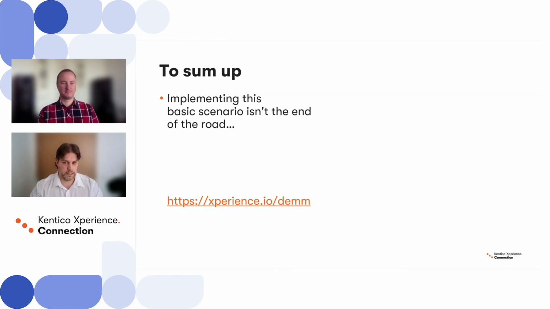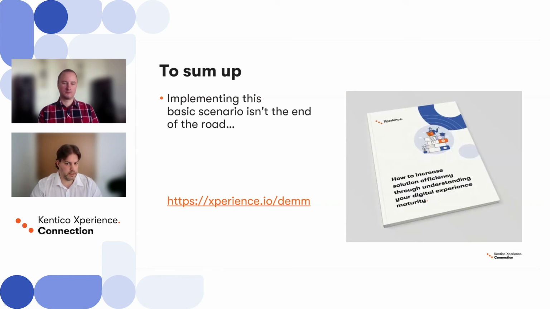But if you want to understand what level of skill you can expect from marketers on the project that you are currently working on, maybe take a look at our Digital Experience Maturity Guide that you can download from the Experience website. It will give you a framework for analyzing the current state of the marketers on the team, and maybe identify what kind of features may be implemented in the future to move them along their digital marketing journey.